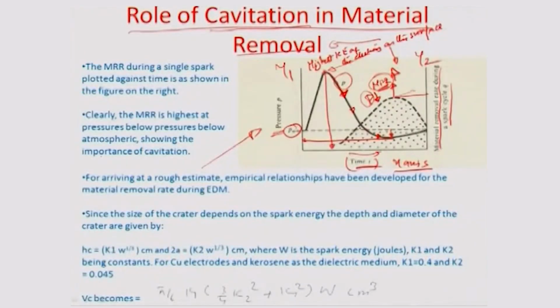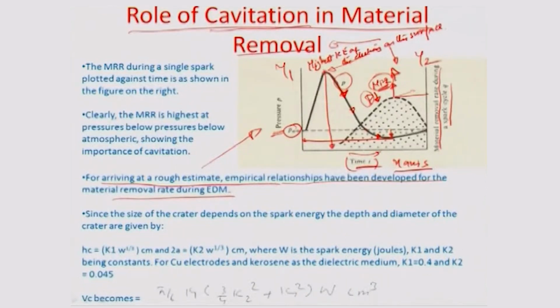Let us now try to arrive at a rough estimate, of an empirical nature, for material removal rates during EDM operation. Initially, when some experiments have been performed by various people, there are some things which we can find out intuitively.